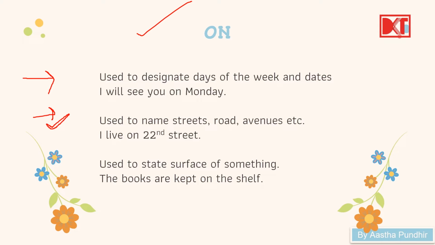Okay. Then used to state surface of something. When we have to tell about something that is kept on the surface of something, stating its surface. So the books are kept on the shelf. All right.